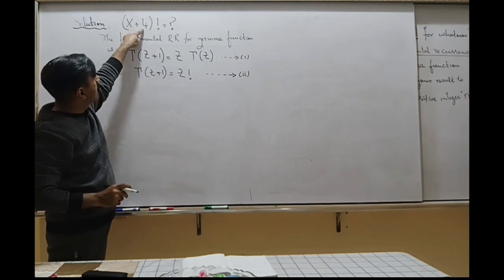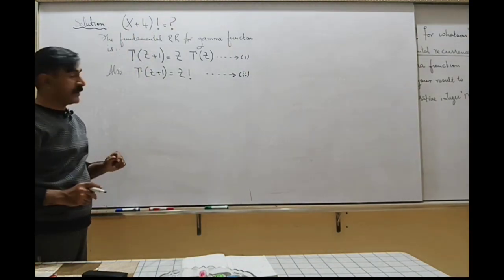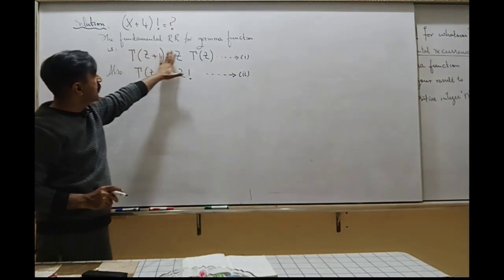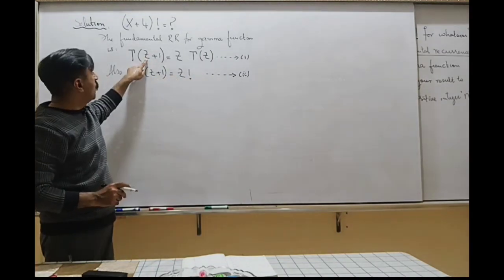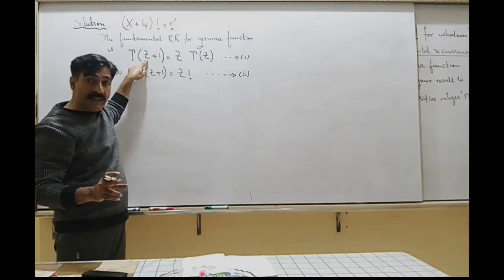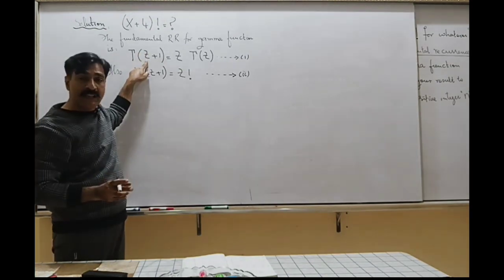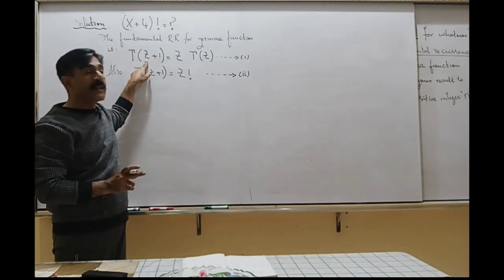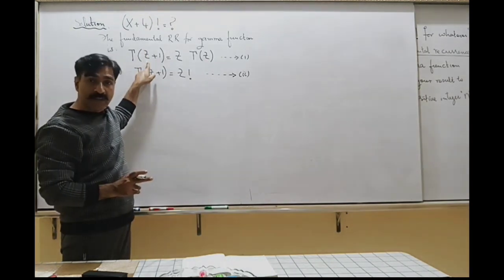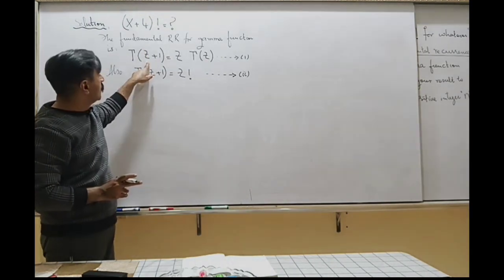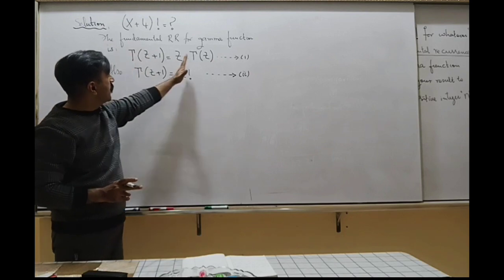We need x plus 4 factorial. How can we achieve it? Remember, these relations are valid whether z is a real number or a complex number, right? So we can use these relations.